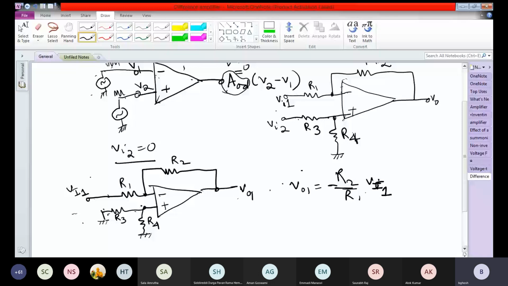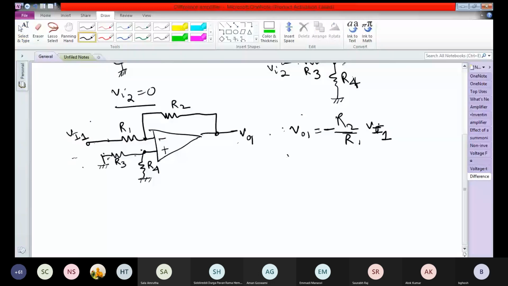Okay, let's write it a little bit better. Now we set VI1 to be 0. If I set VI1 equal to 0, it simply becomes a non-inverting amplifier.